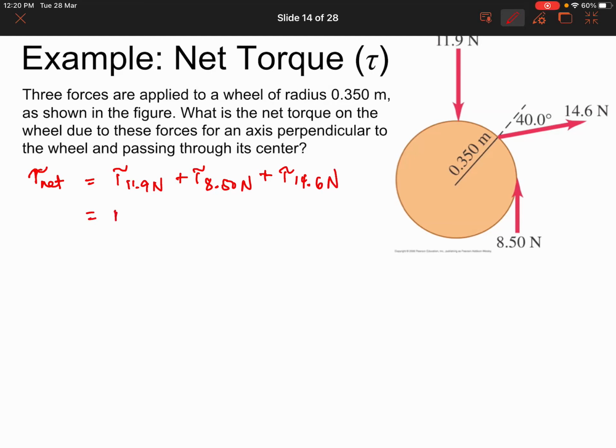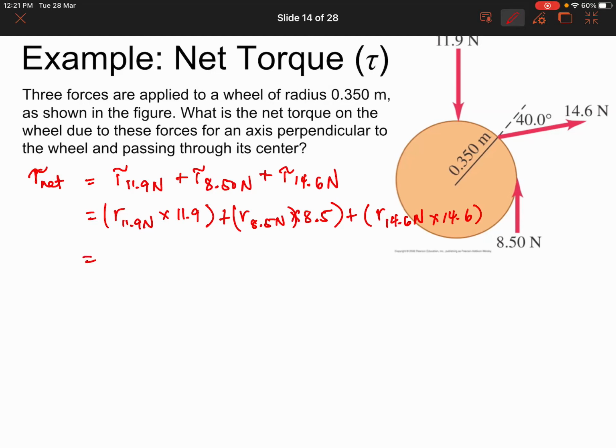Torque is the moment arm for the 11.9 newtons times the force, plus the moment arm for the 8.5 newtons times the force 8.5, plus the moment arm for the 14.6 newtons times the force we have there.